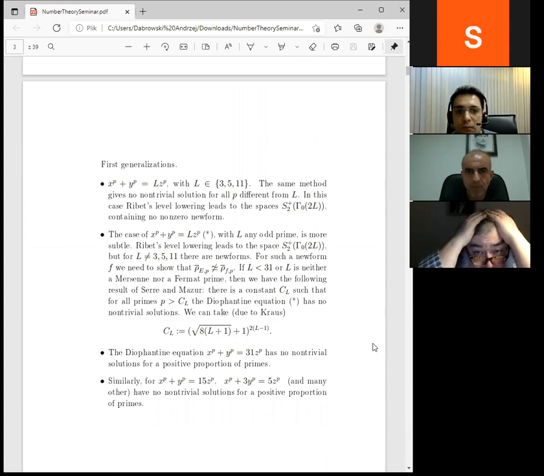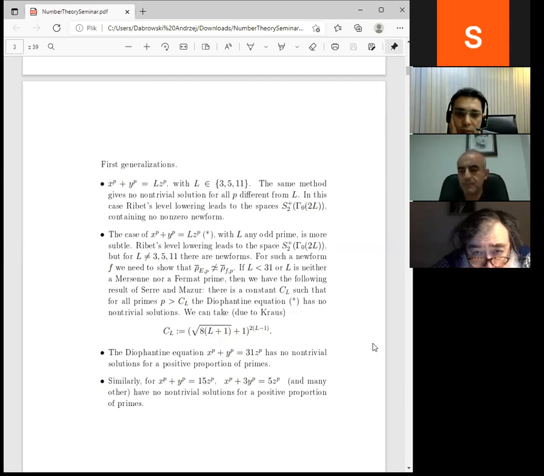If l is equal to 3, 5, or 11, the same method gives that there exists no non-trivial solution for all primes p different from l, because in this case all the steps are the same, and the last step, Ribet's level lowering, leads to a contradiction because there are no non-zero newforms.